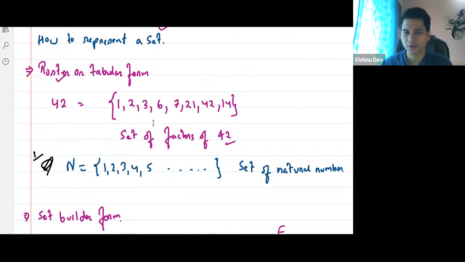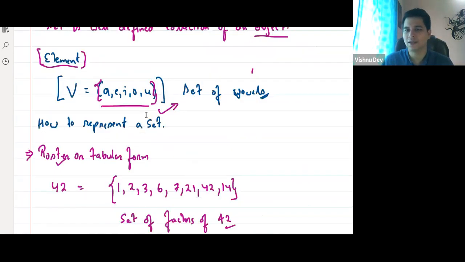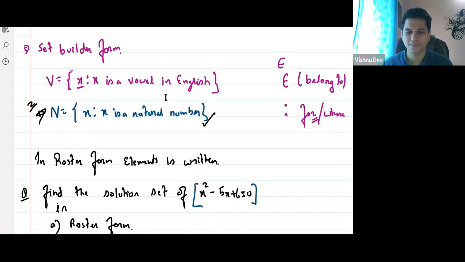Now, the second is set builder form. In set builder form, we write the set as a rule. For example, V is equal to curly bracket x colon, where x is a vowel in English. So this represents the same set as the set of vowels in roster form, and this represents it in set builder form.